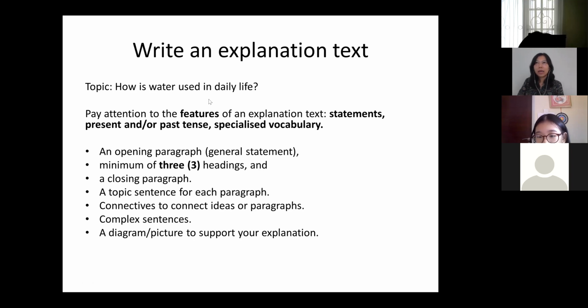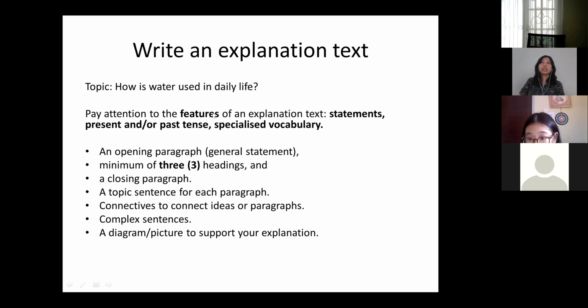Is it clear? Can you please write this down now? Write an explanation text. This is the instruction for you today. The topic I'm giving you is how is water used in daily life? Very easy, isn't it? But you have to think about it first, okay?